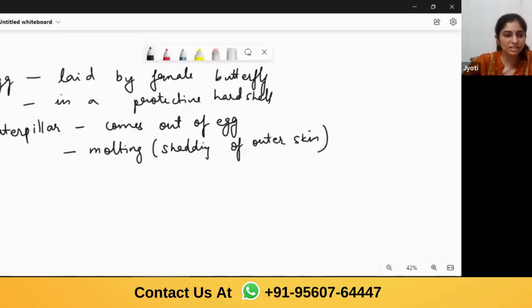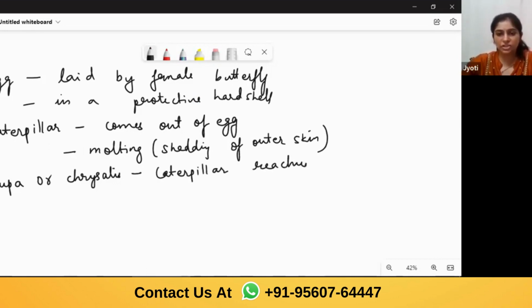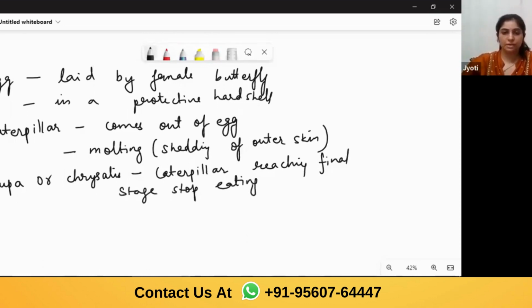So in stage 3, the pupa, the caterpillar reaches its final stage, stops eating and also sheds its outer skin.